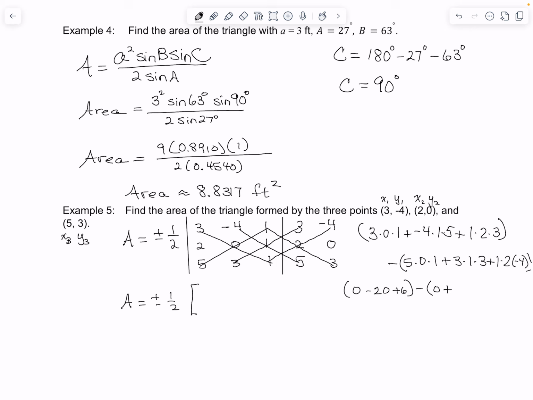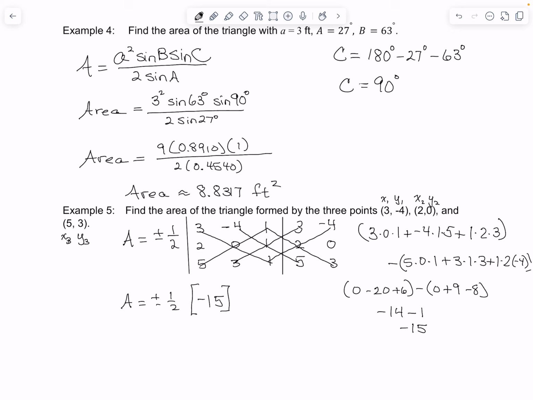Plus 3 times 1 times 3 is 9. And then a plus, but it's a 1 times 2 times -4, which is -8. That gives us a -14 minus a 1, which gives me a -15. So that determinant value is -15.